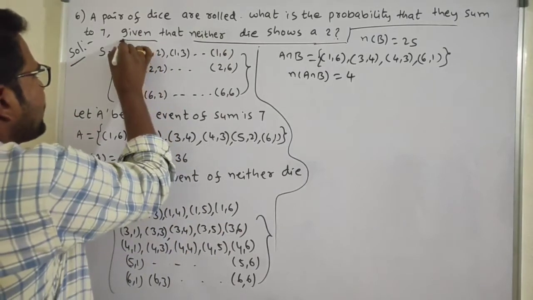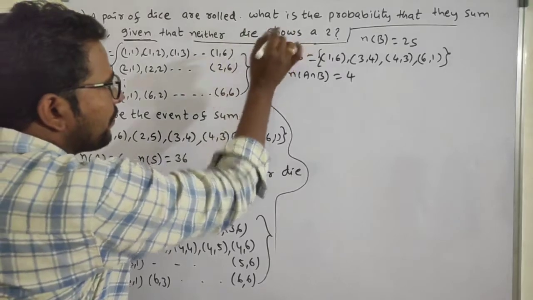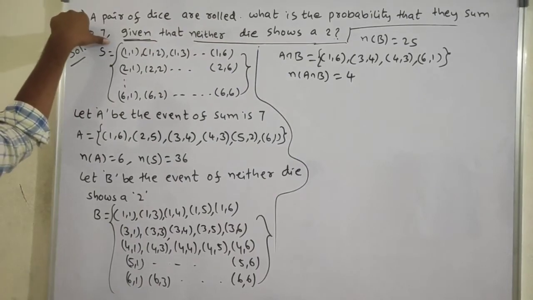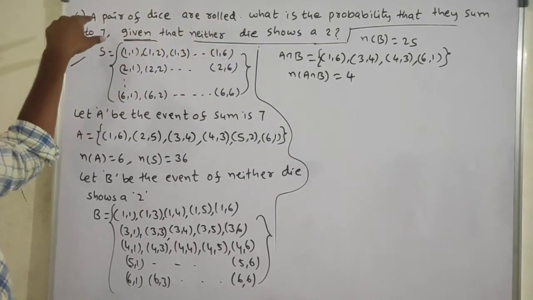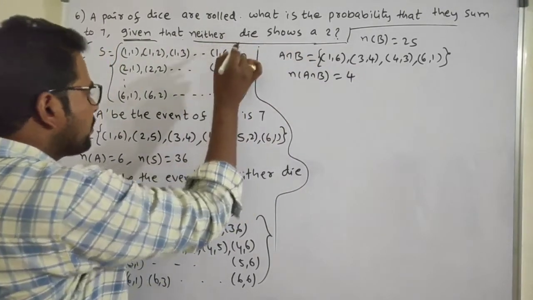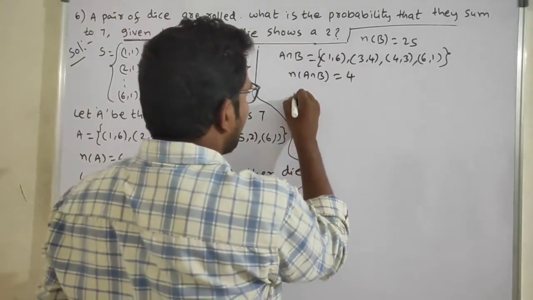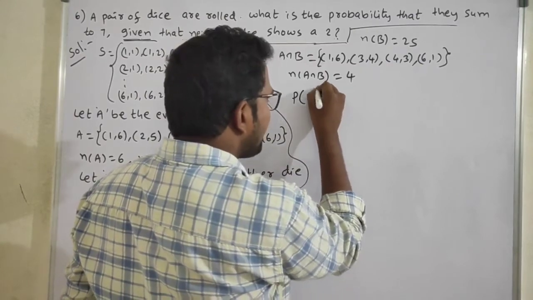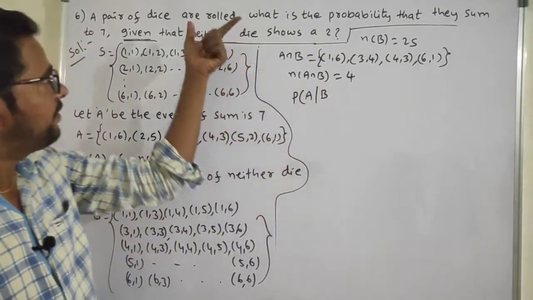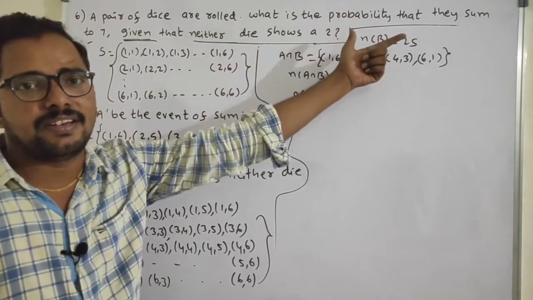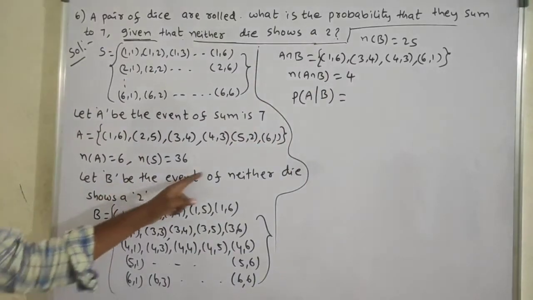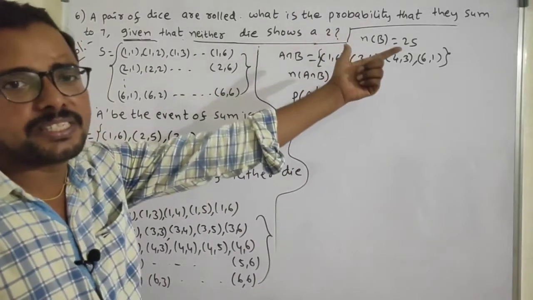What is given should occur first. So what is the first event? Given means this should happen first: neither die shows a 2, which is event B. So B will happen first, then A will happen. That is, after the condition B is satisfied, the second condition must be satisfied. So this is A given B.